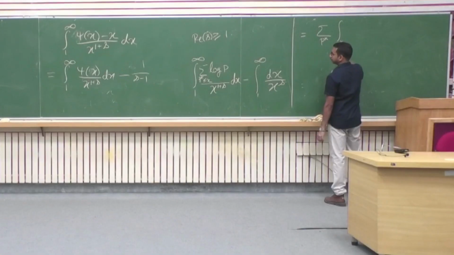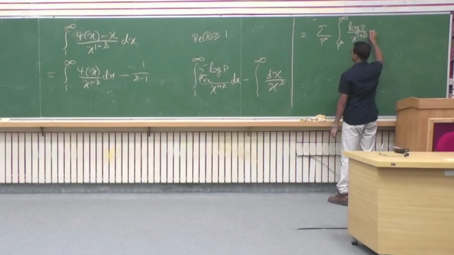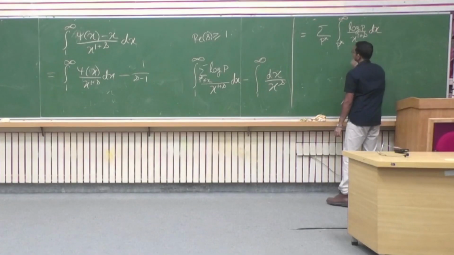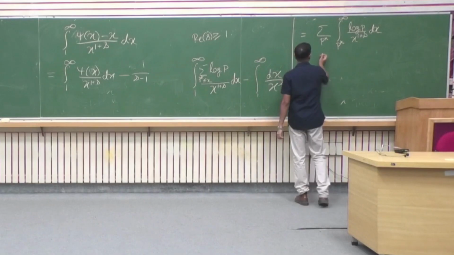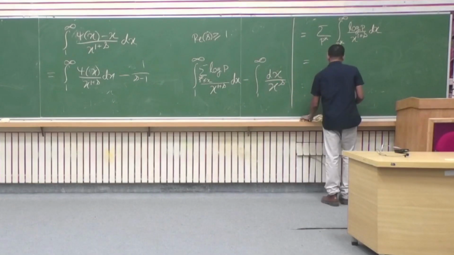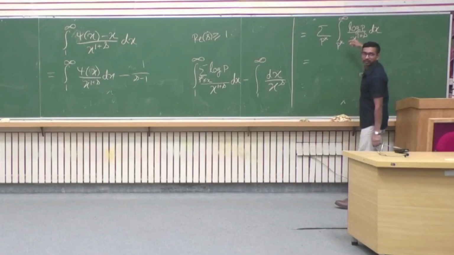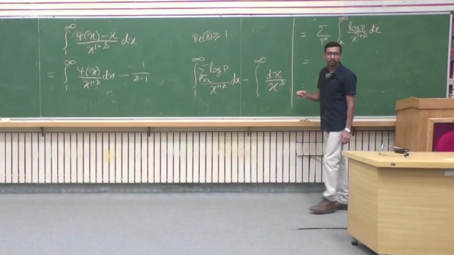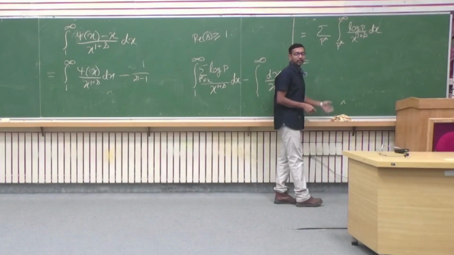So p^k to infinity, and here you have log p by x power 1 plus s dx, right? And this integral you have just done a while ago. So I mean the indefinite one, you still have to put the limits there. One limit would be just 0 and the other one is giving you what?